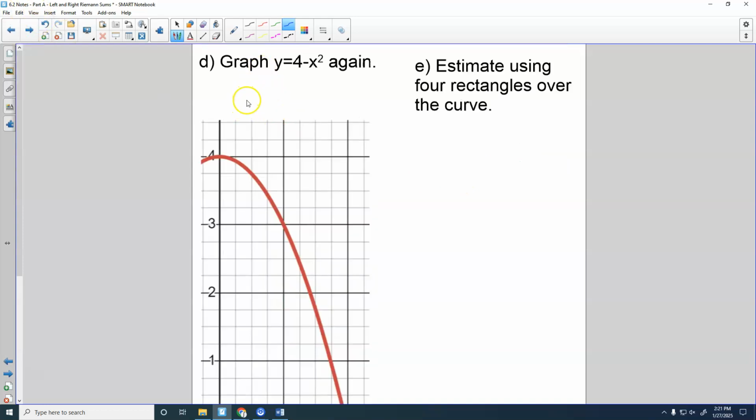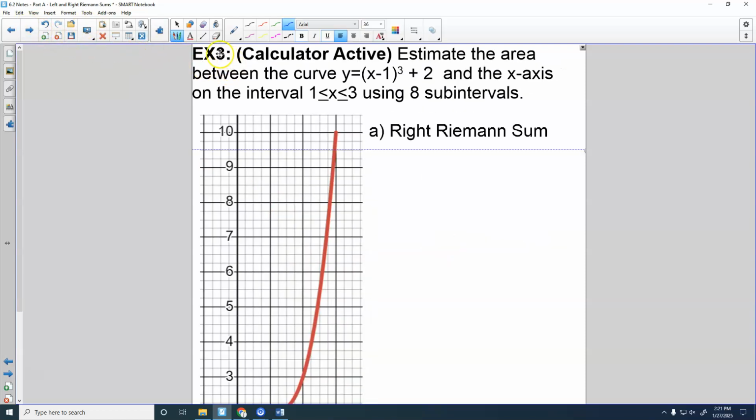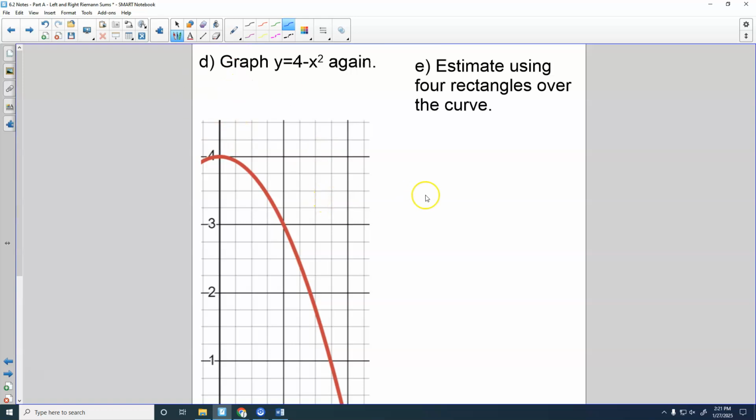The second part that we did, oh, it was example 2. I redid this. It's the third thing we've done, but I did number it. The second part that we did, we used rectangles that were above the curve.